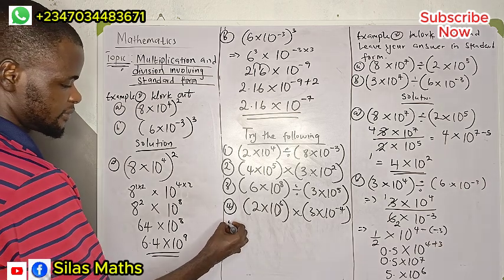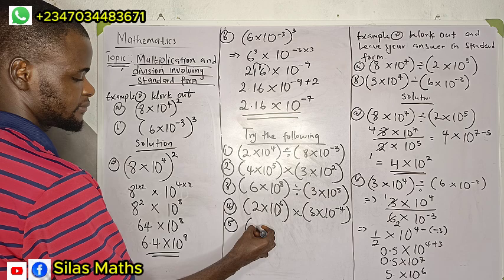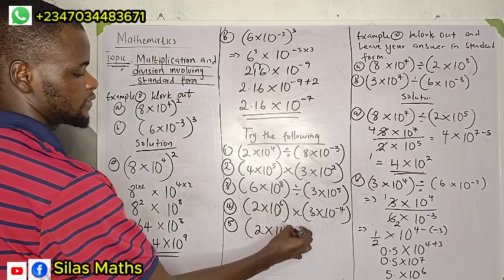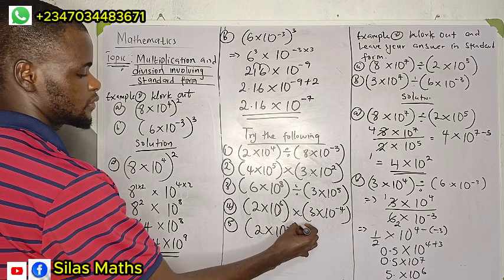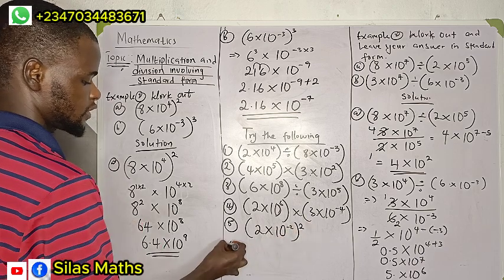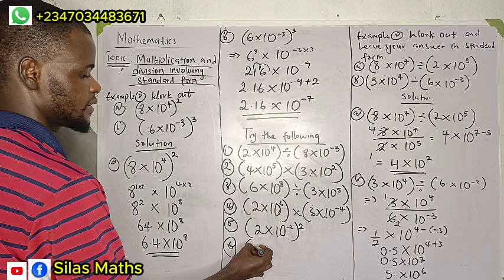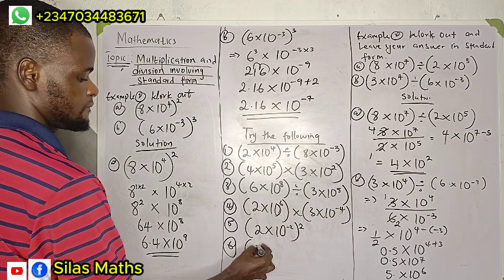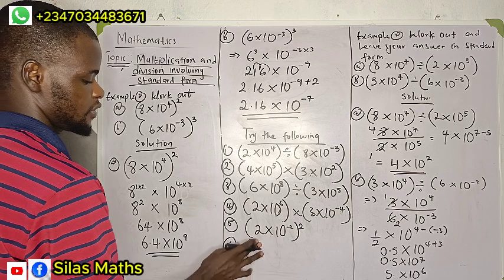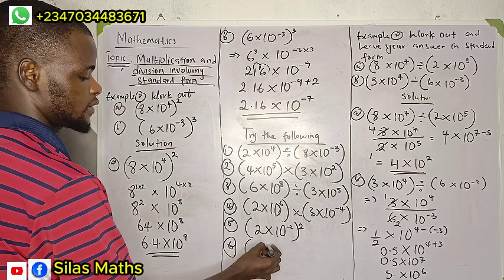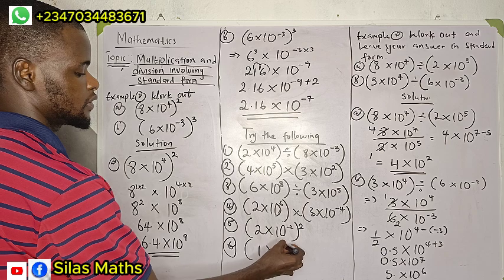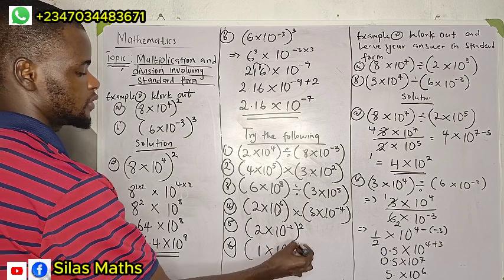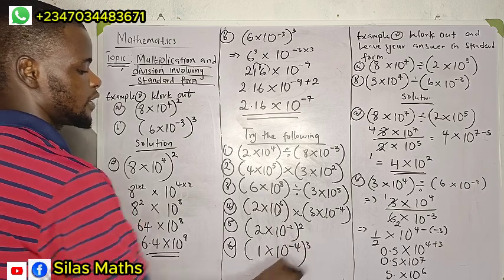We have number 5, 2 times 10 raised to the power negative 2, all to the power of 2. We can as well add this: 1 times 10 raised to the power negative 4, raised to the power 3.